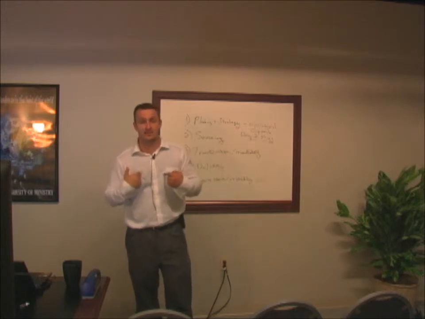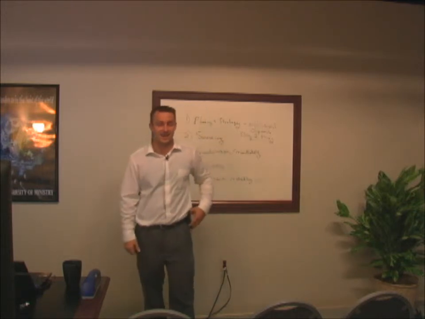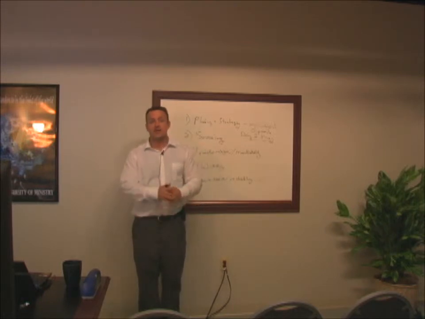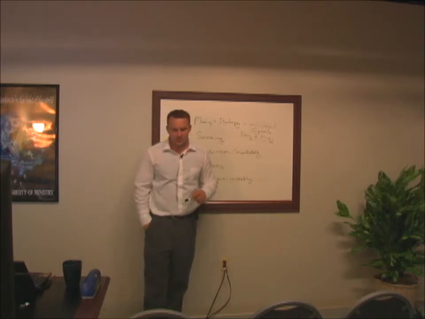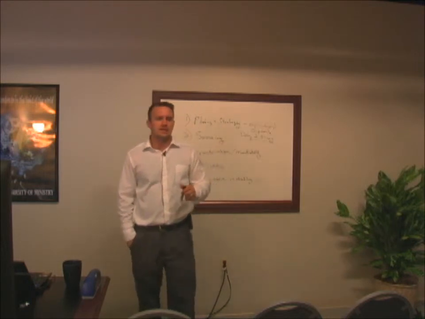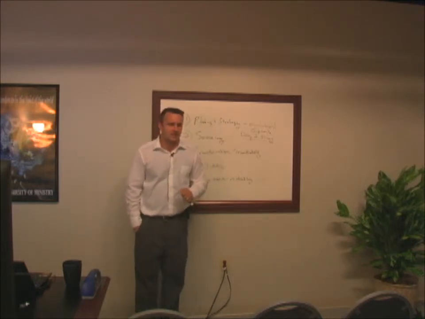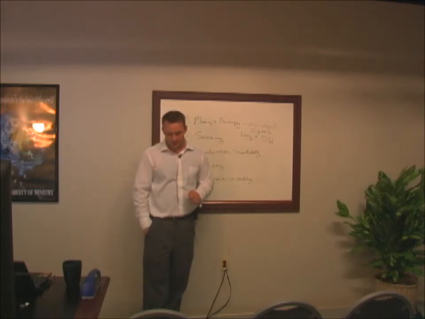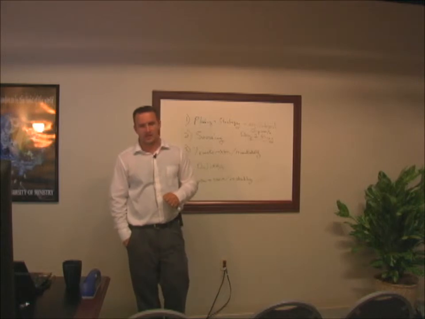But for my assumptions in terms of the math that I did, it was working 10-hour days, 5 days a week. And so in order to produce 1 million of something, that's approximately 385 units per hour, right?